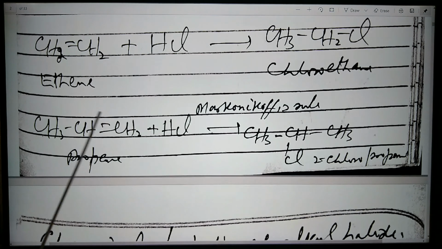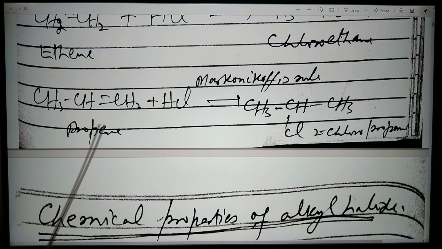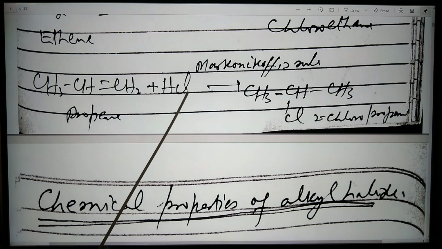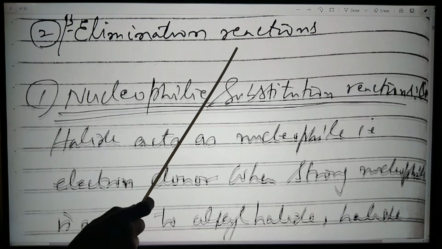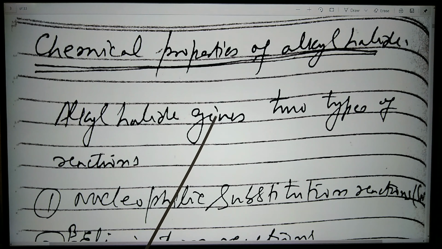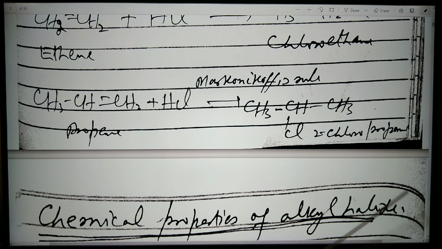And if we take, for example, propene, then what happens? You can see that this is a double bond. So H and Cl. Cl is partial negative, this is positive. So it will follow the Markovnikov rule. That is, the electronegative part will attach to that carbon which contains the least number of hydrogen. So this Cl will attach on the second position, not on the first position.